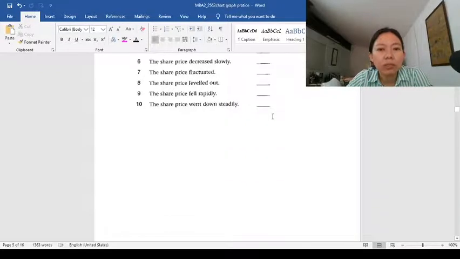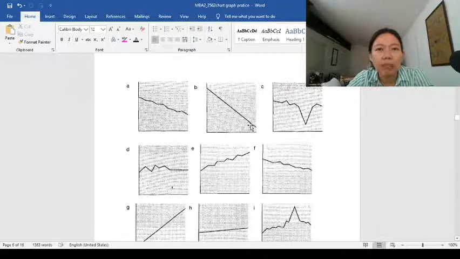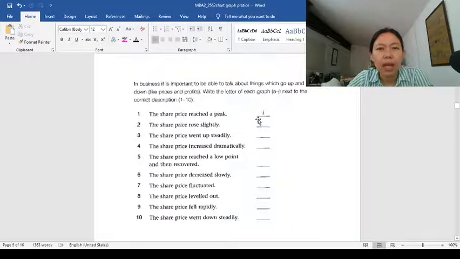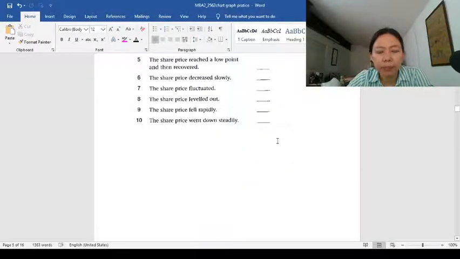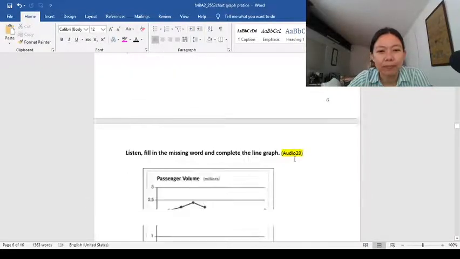You have to scroll down here and then find the picture that best matches the statement. And the answer is I. In picture I, you can see that the share price reached the peak. So what I'd like you to do is to match the statement with the pictures, okay?